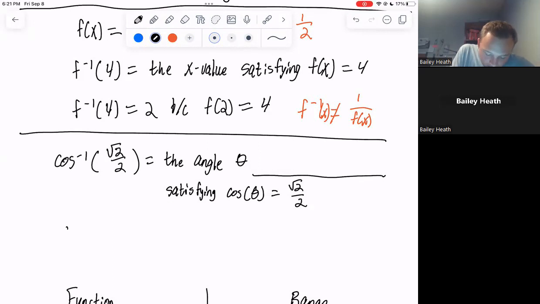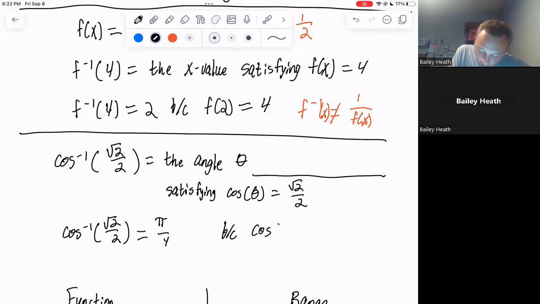And so cosine inverse of root 2 over 2 is going to be pi over 4, because cosine of pi over 4 is root 2 over 2. Cosine inverse of root 2 over 2 is asking at what angle is cosine equal to root 2 over 2.